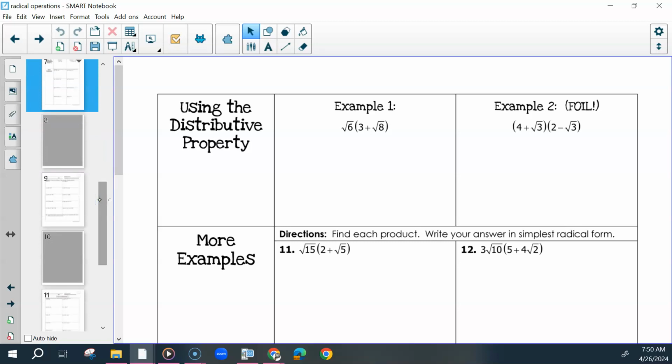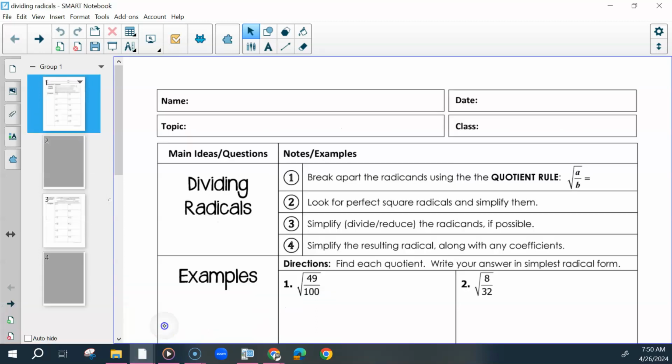Did we have any other questions on how we use the distributive property before we talk about dividing radicals today? So when we divide radicals, you could do this a couple different ways.